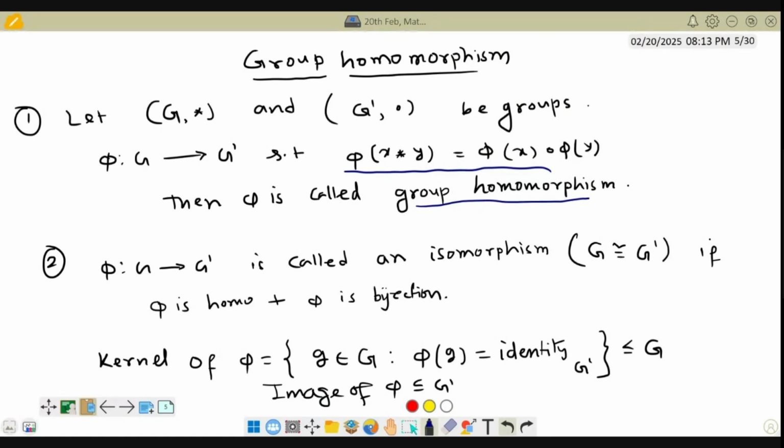And the kernel of phi is those elements which go to the identity element of G prime. This is a subgroup of G, and the image of phi is a subgroup of G prime.